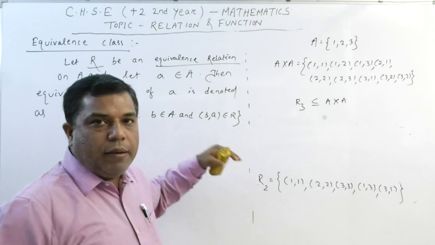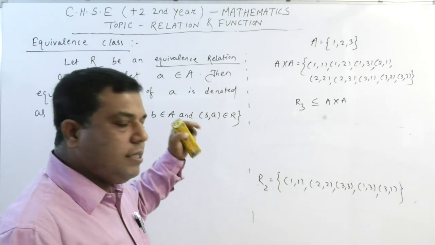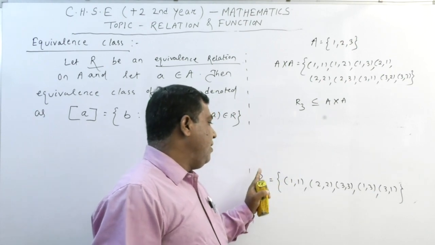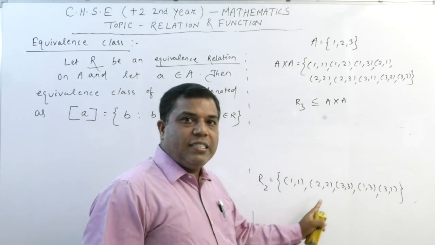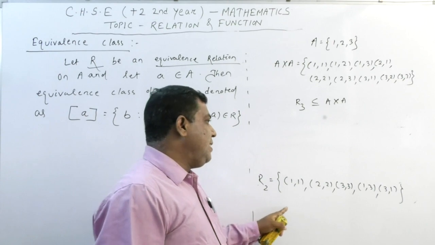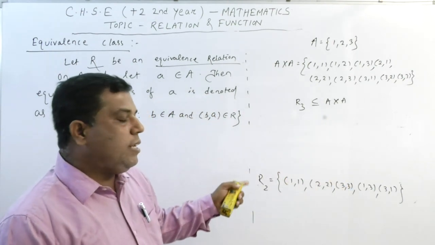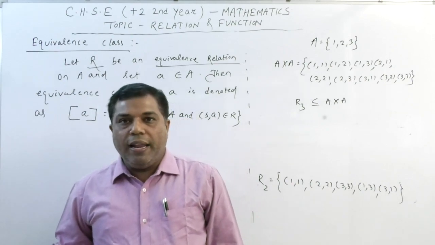You check and tell me. Yes, it is an equivalence relation. Yes or no? As it is reflexive in nature, as it is symmetric in nature, as it is transitive in nature, so it is an equivalence relation.